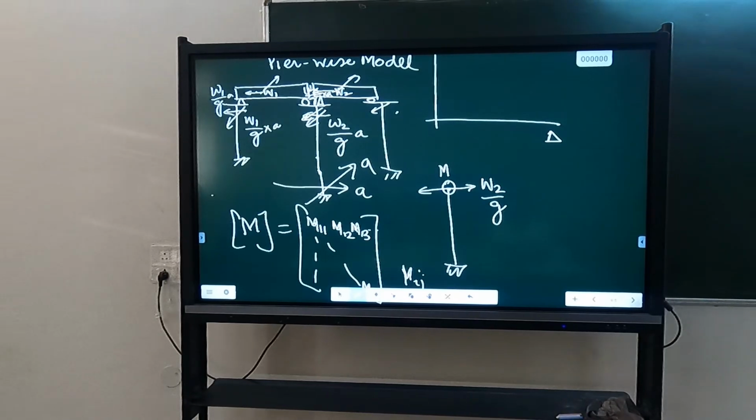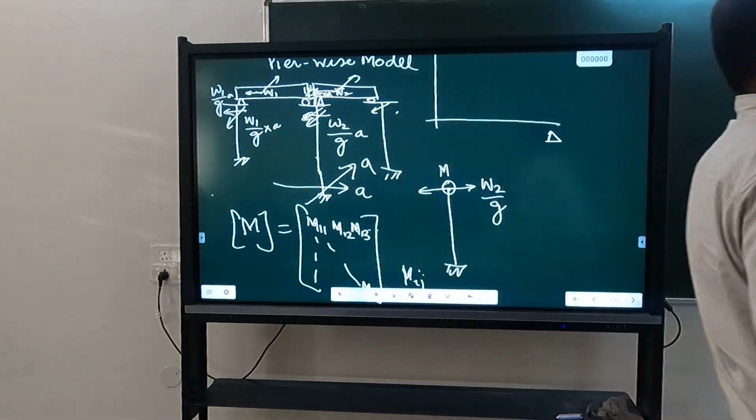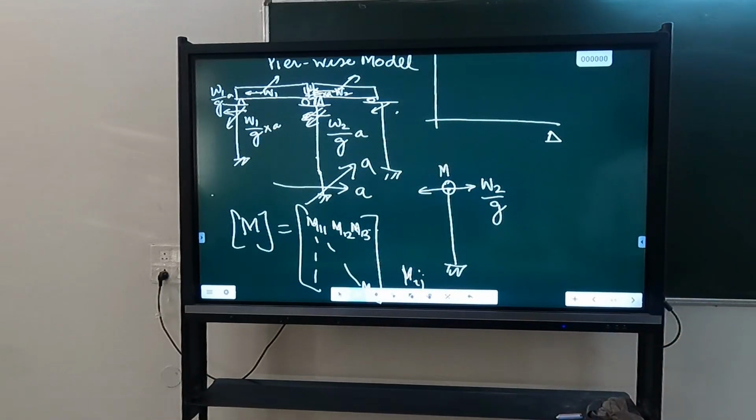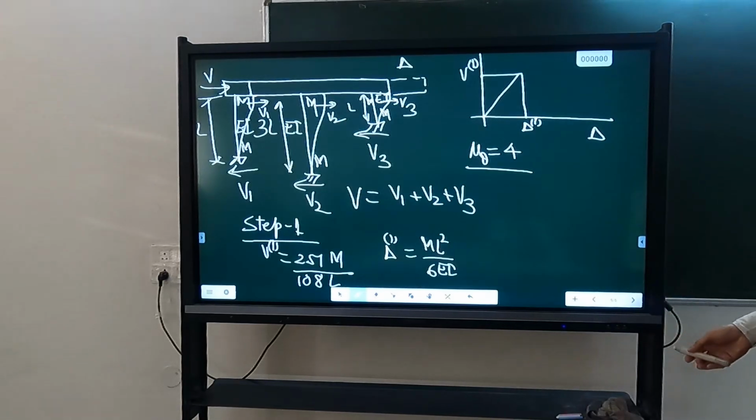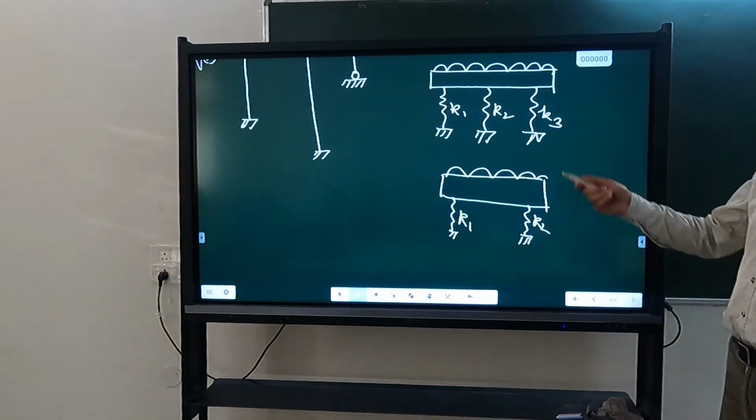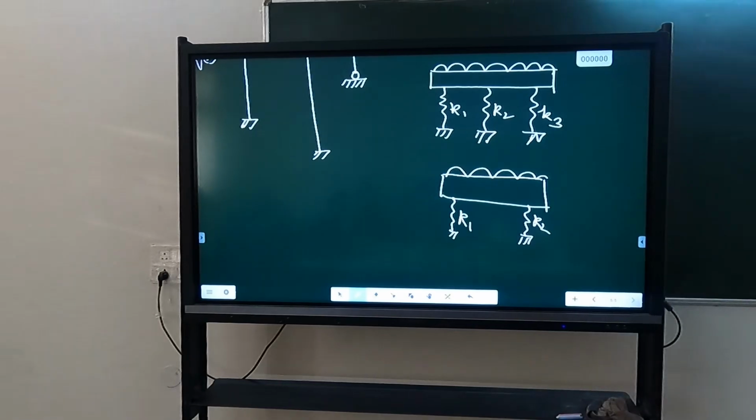Keep in mind, there is no rule which says that the force will be distributed in proportion to stiffness. The rule is compatibility and equilibrium, only those equations. So both your answers are wrong. This will not be proportional to stiffness.